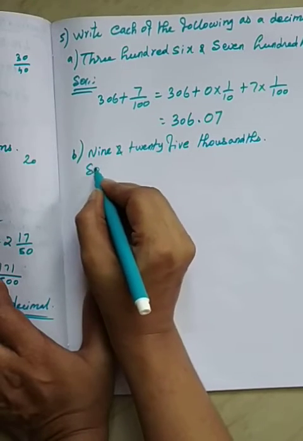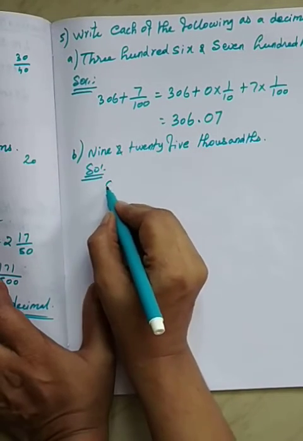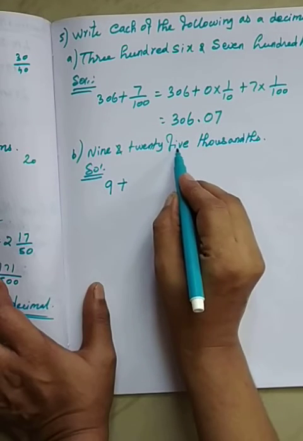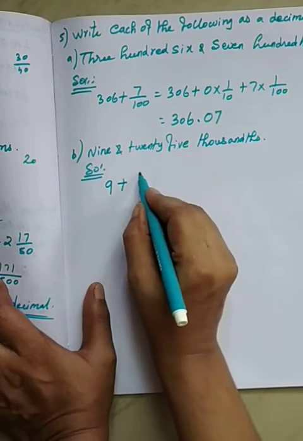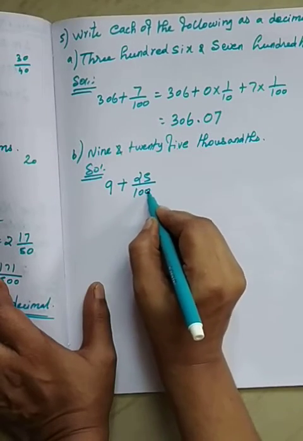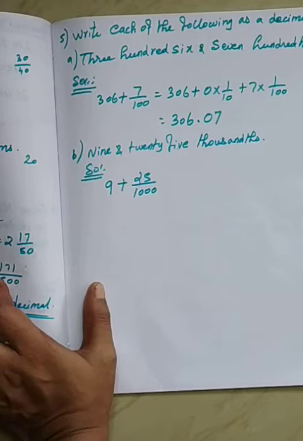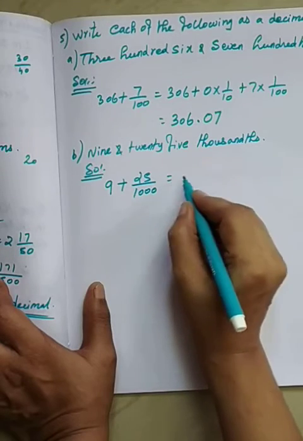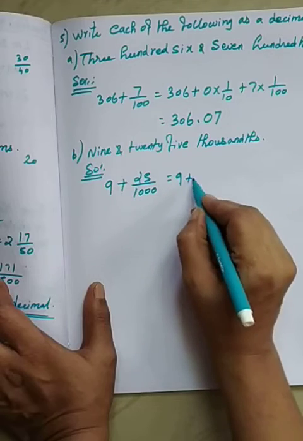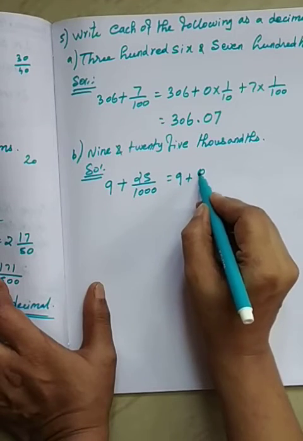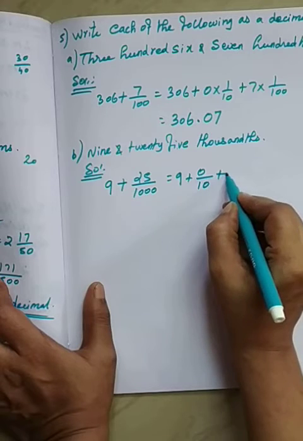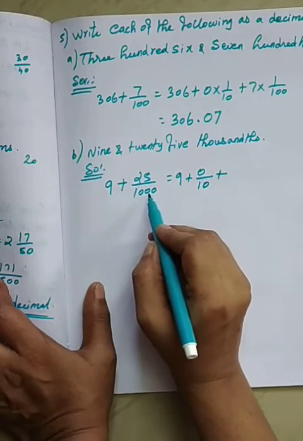See here, what is that? 9 and means you can put a plus symbol. 25 thousandths, so 25 divided by 1000 means you can write the denominator 1000. See here, how can you write 9? This 9 is only the whole number. The tenths place is not here, so you can put 0 by 10 and then plus 25 by 1000.